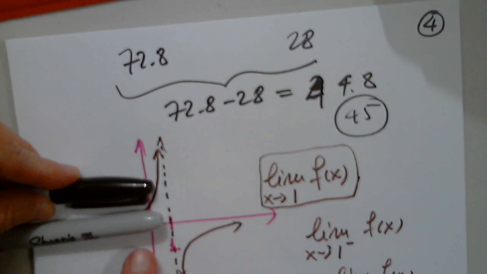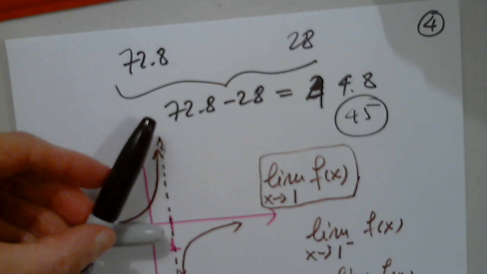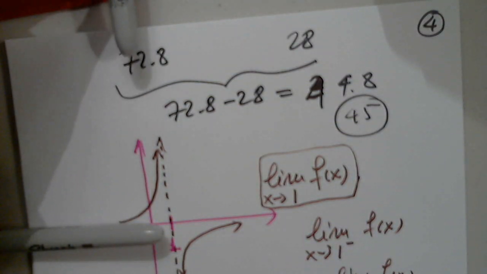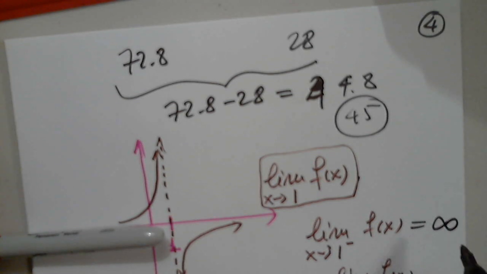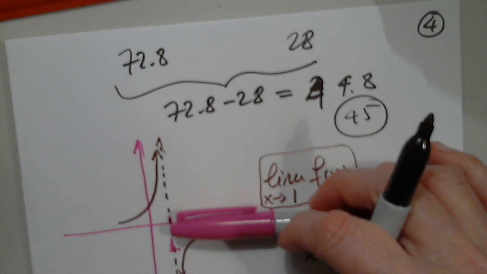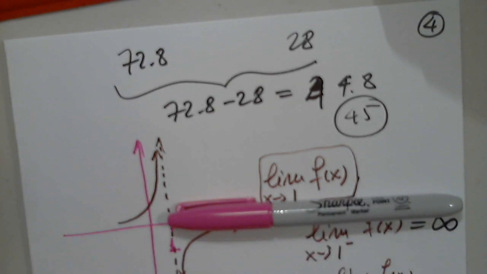As x approaches 1 from the left, what do I write? Would it be positive infinity? Exactly. Awesome. Now on the other side, as x approaches 1 from the right. Would it be negative infinity? Exactly.